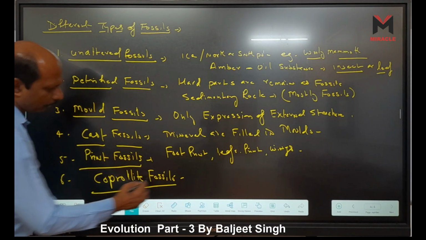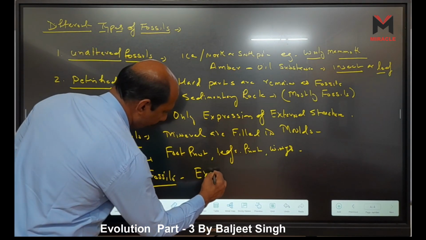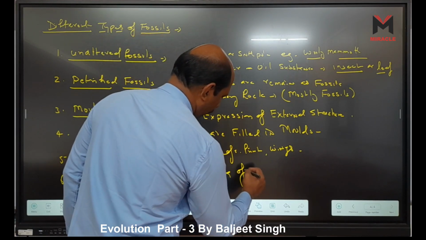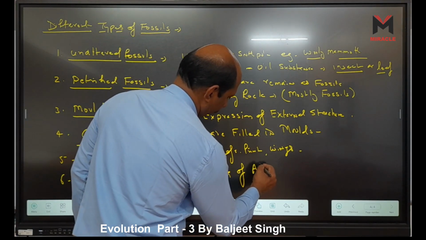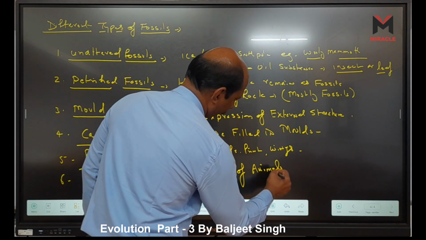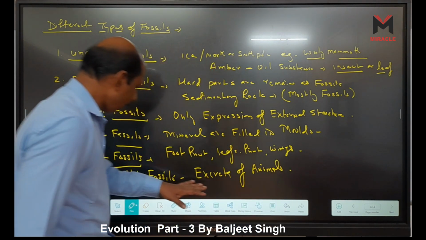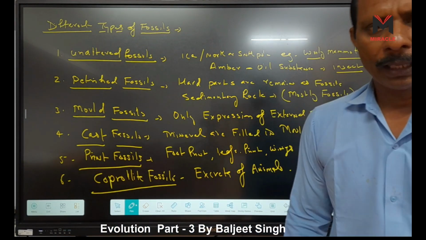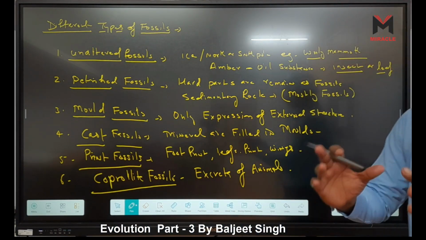Coprolite fossils means what? It is the excreta of animals, and it is found only in animal fossils. They excrete in a specific area.